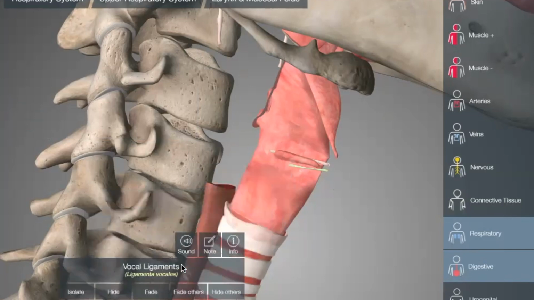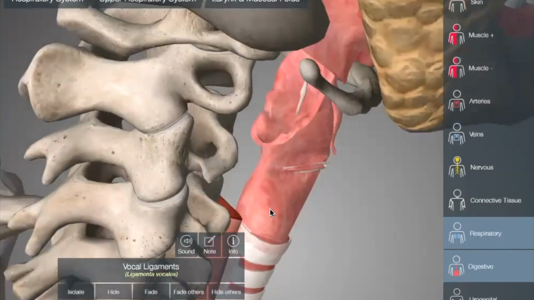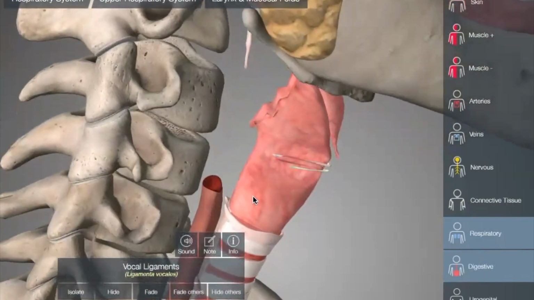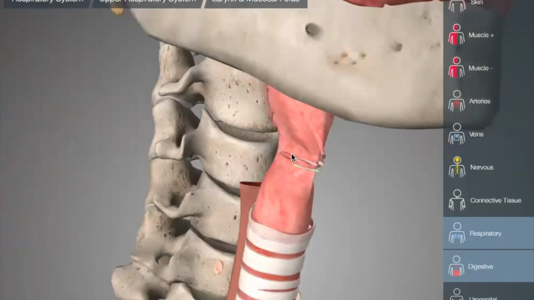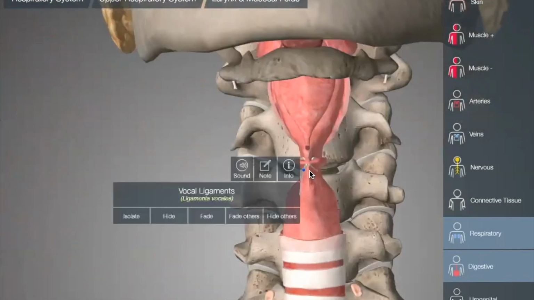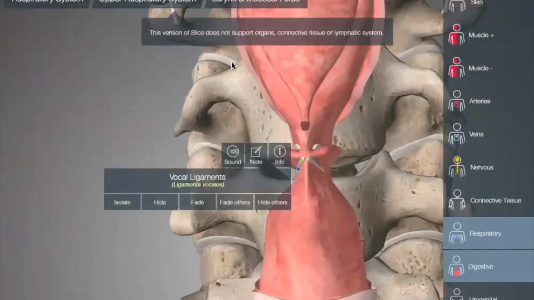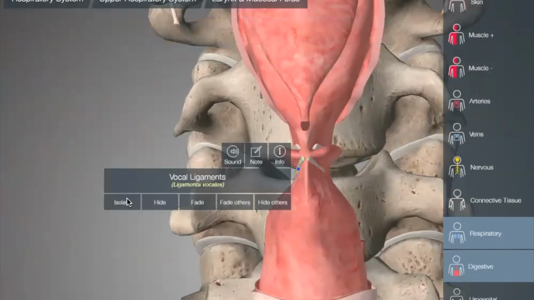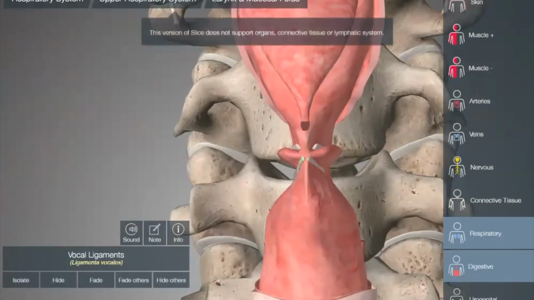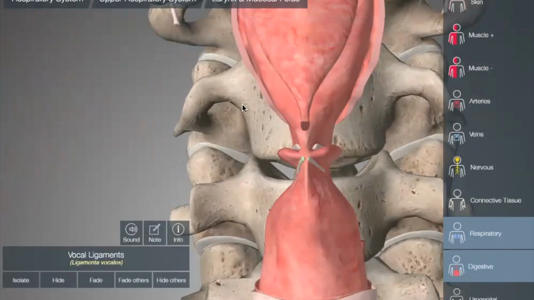And the opening between the vocal cords is called the rima glottidis. And that's what I was going to tell you about. Maybe I can make a slice here. Let's see. I'm not sure. Yes, it doesn't work.